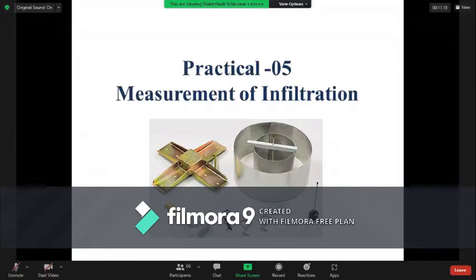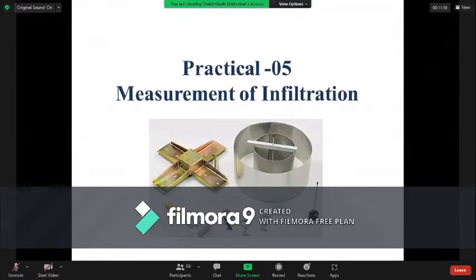Then what are the factors affecting infiltration rate? Soil type, soil characteristics, precipitation, moisture content, organic materials in soils and land cover.